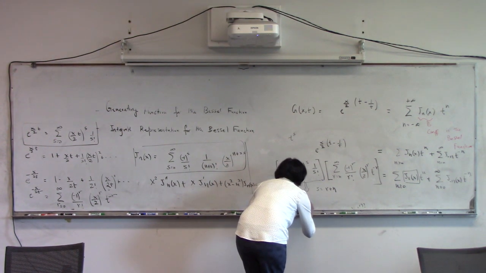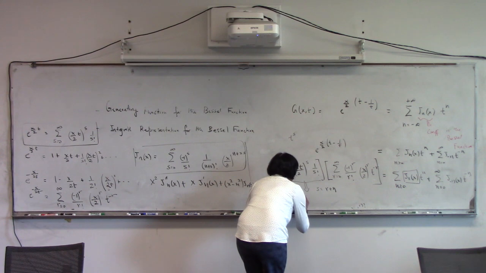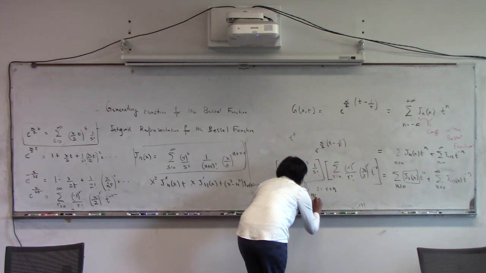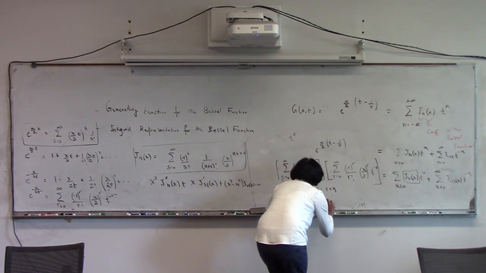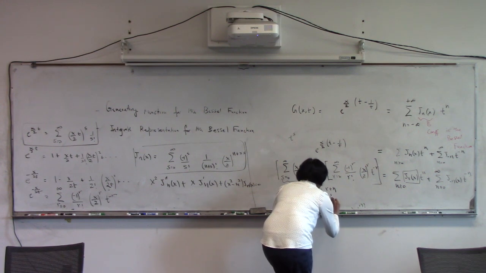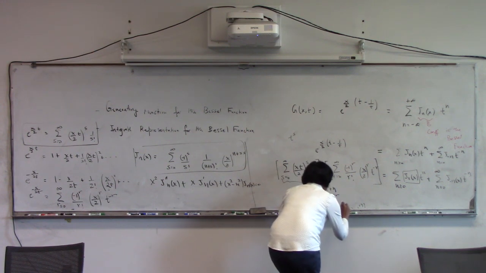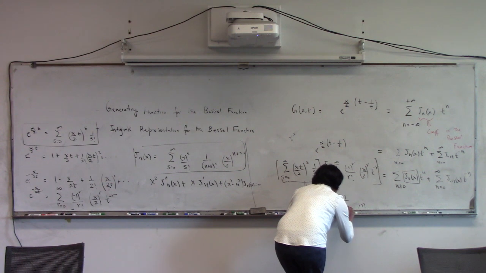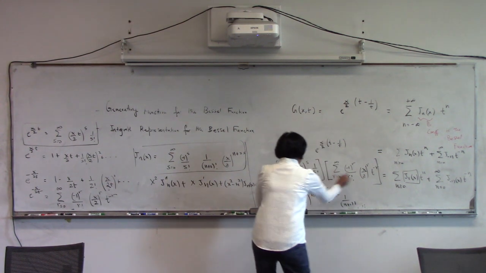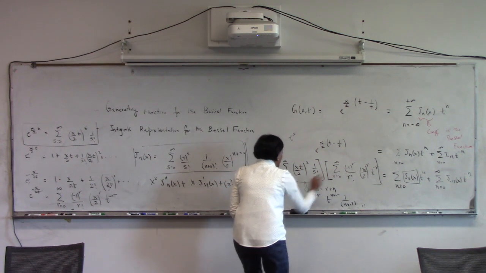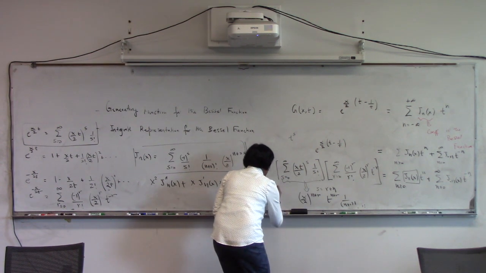So (x/2) to the power of n plus r. Okay, t is n plus r, so that way I don't mess up. (n plus r) factorial. And then I have this summation, r going from 0 to infinity.